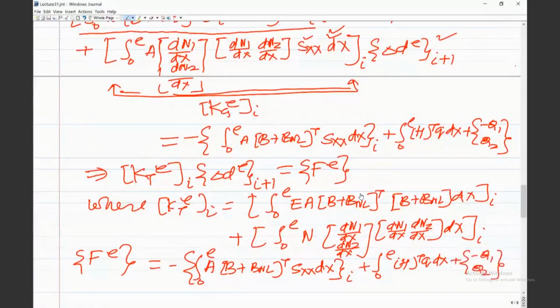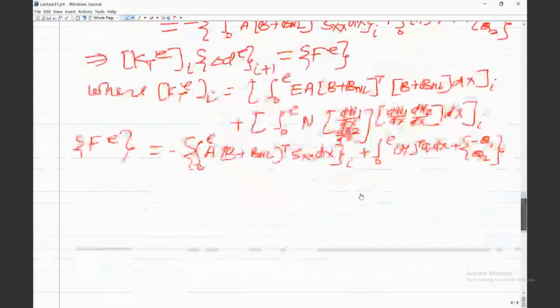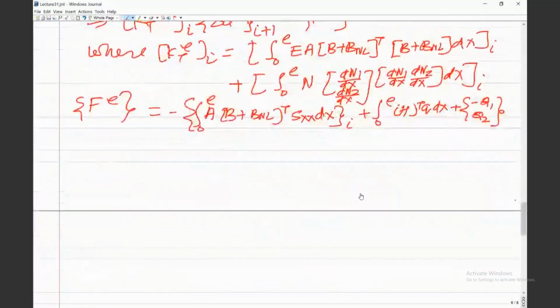Then of course you need to do the assembly and the whole of the solution steps. So rather than taking the next example first, let me write out how the whole solution procedure would be.